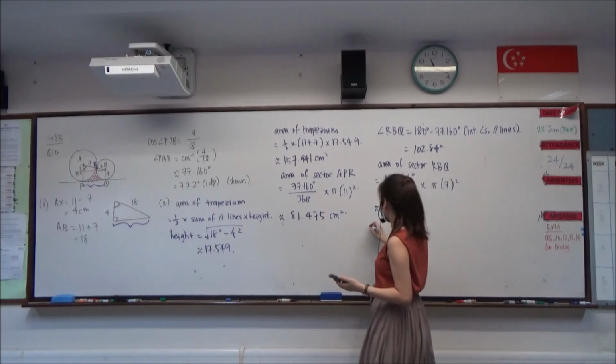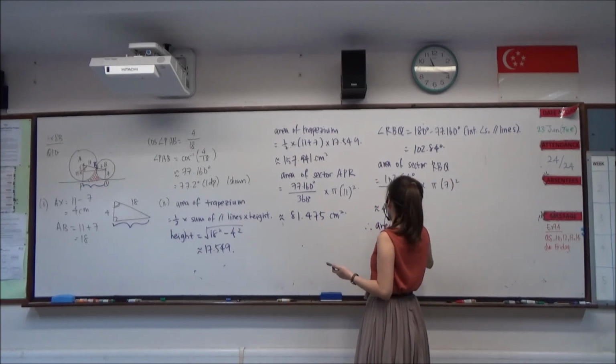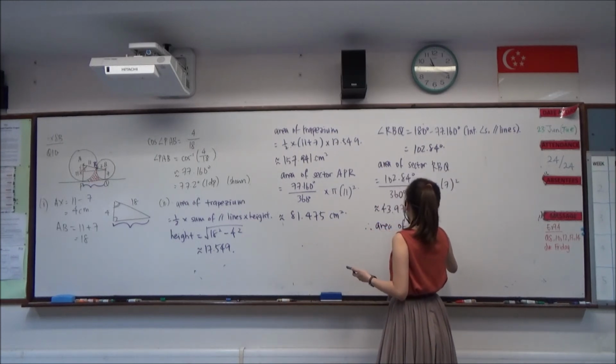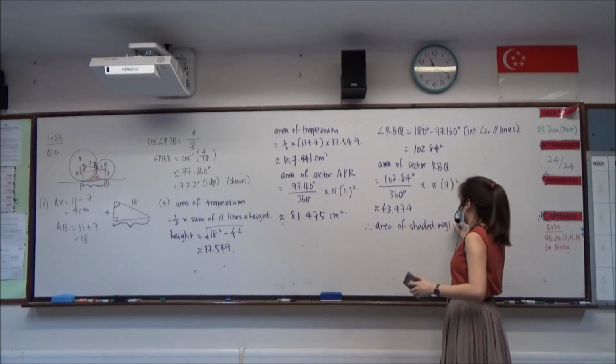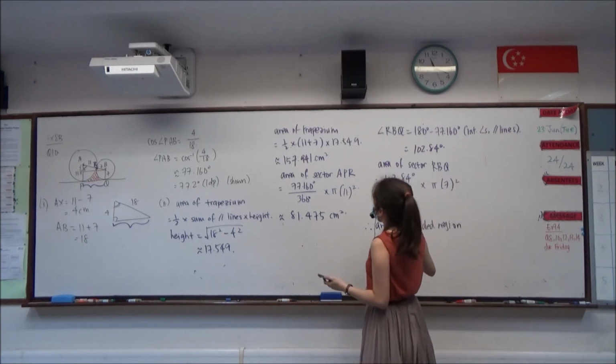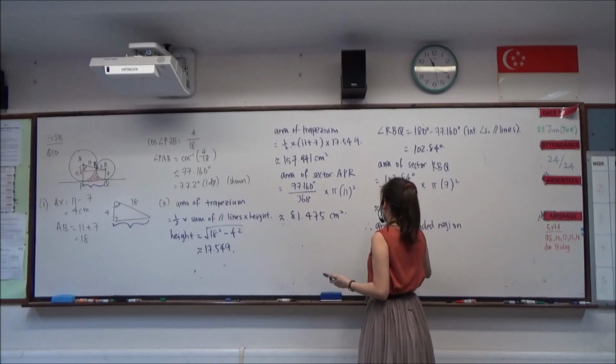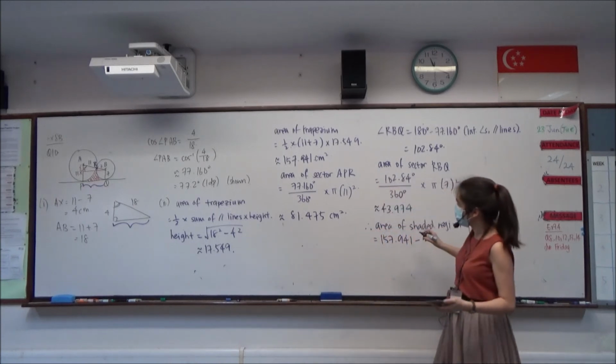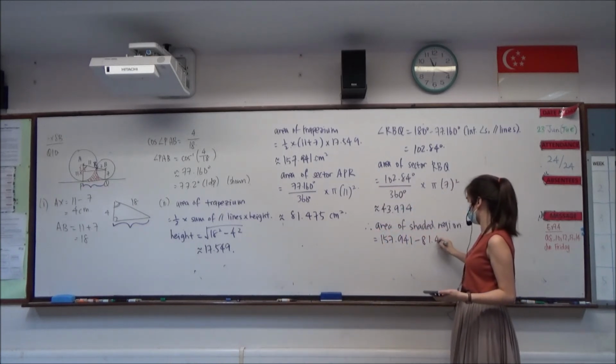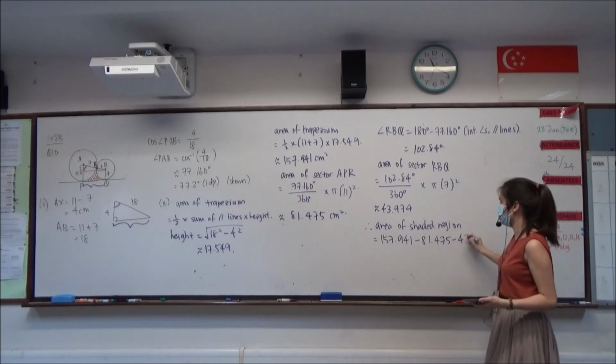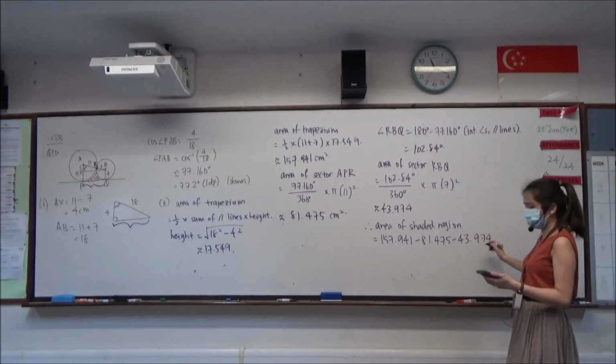Okay, and therefore, area of shaded region would be 157.941 minus away 81.475 minus 43.974.